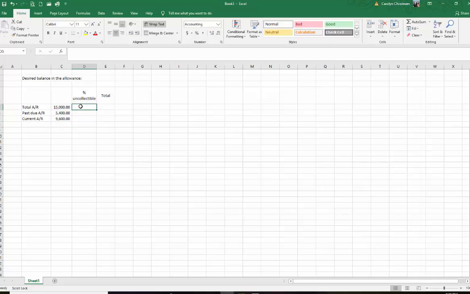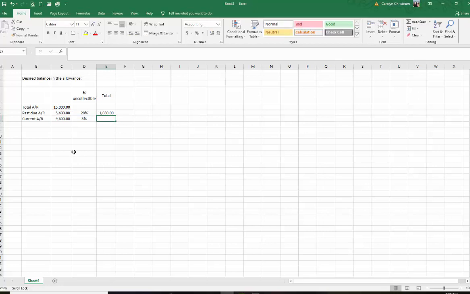Now what they told us is that 20% of our past due accounts receivable are uncollectible, and then 5% of our current receivables, the ones that are not past due, are uncollectible. So we're going to multiply, because we're saying 20% of that is uncollectible, and 5% of this is uncollectible.